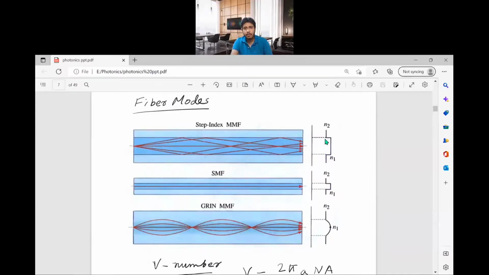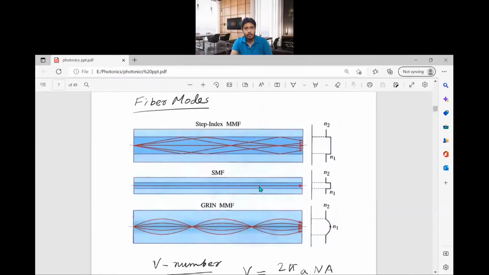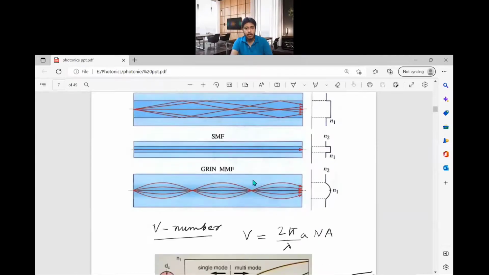This is a step index multimode fiber, where there is a step change of refractive index, N1 the core refractive index being greater than the cladding refractive index N2. The single mode fiber also has the step type, but the core diameter is smaller compared to the multimode fiber, so it can support only one mode.